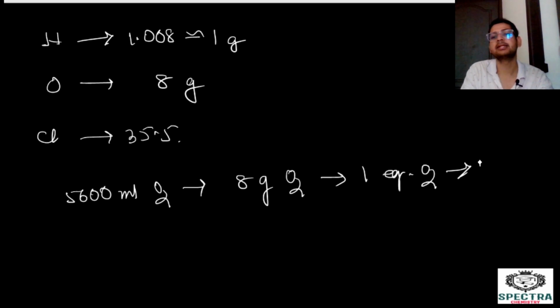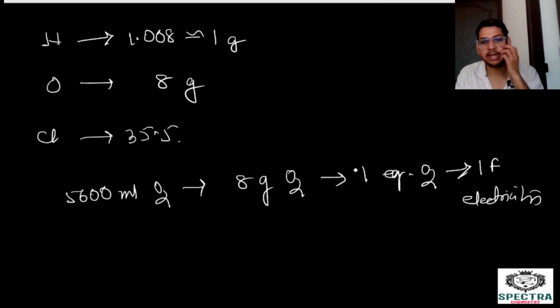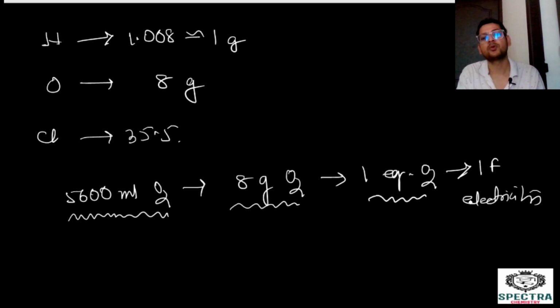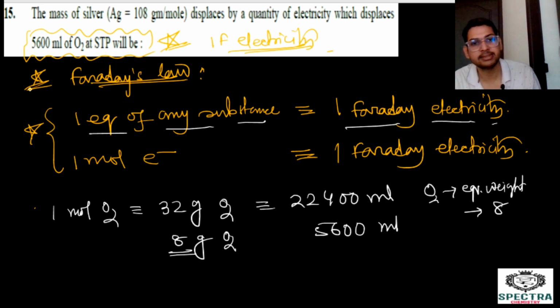And that means 1 Faraday electricity, because 1 equivalent of any substance means 1 Faraday electricity. So 5600 ml O2, 8 gram O2, 1 equivalent O2, 1 Faraday electricity. By saying this, they are ultimately saying that 1 Faraday electricity is passed.